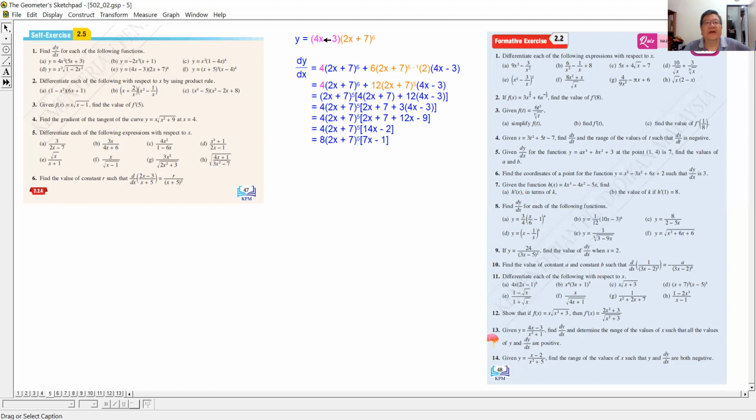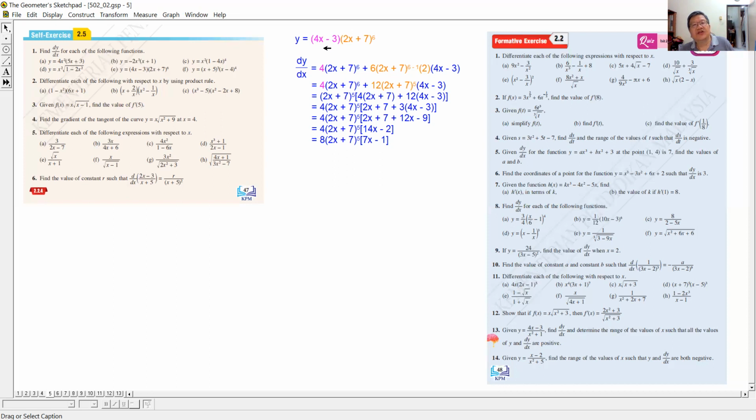Okay, start. We differentiate the first one, the pink color. 4x becomes 4, and this term I just copy down, no need to differentiate. Second, I differentiate the orange color: 2x plus 7 to the power of 6 minus 1. Then I differentiate inside the bracket again, I get 2.